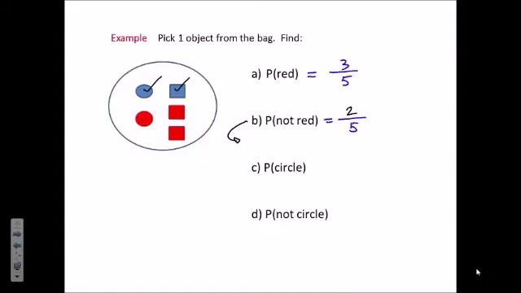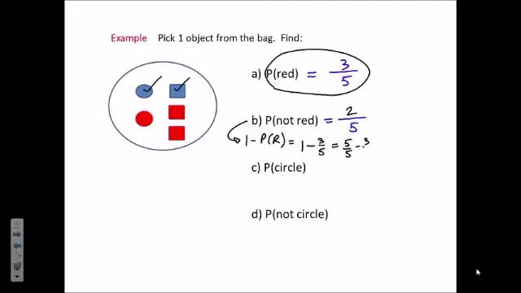The probability of not red is 1 minus the probability of red. 1 minus the probability of red, we did already, 3/5. So this is 5/5 minus 3/5. Subtract the numerators, 2/5. So we get the same answer either way.